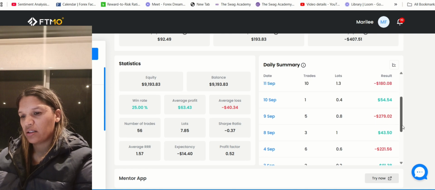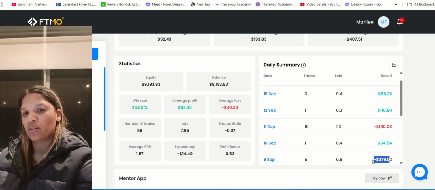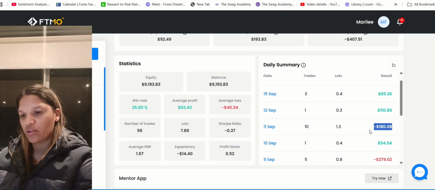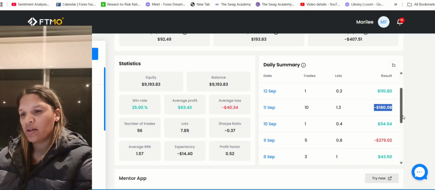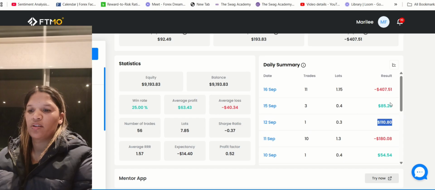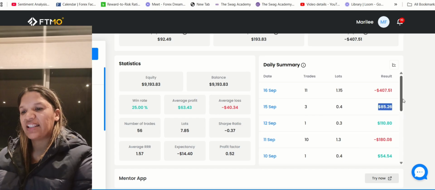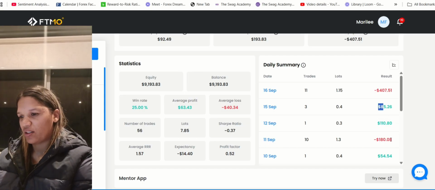Again, these two losses. This is what I was talking about, where I was already in a drawdown. You see, these two losses made me be like 3% already in drawdown. And then Friday, Monday, and then today. So you see, I tried to come back from that, and then I messed up my psychology anyhow.